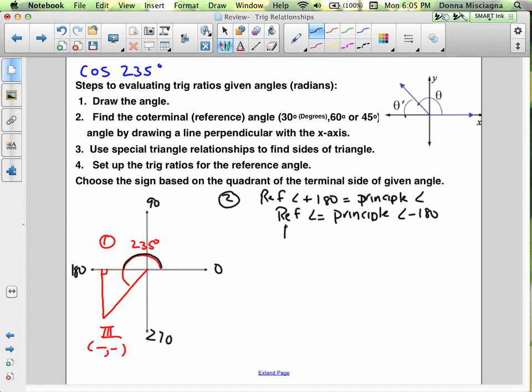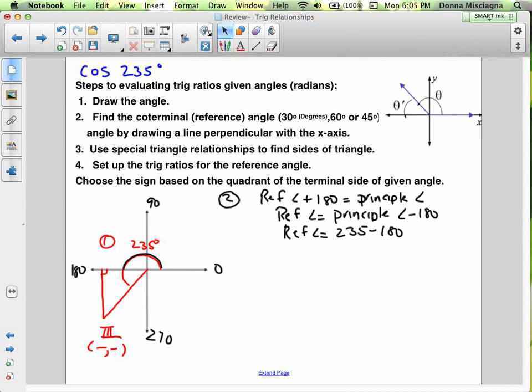So our reference angle is 235 degrees minus 180. Oh, excuse me. Well, if I want it to be a nice one to evaluate, just pretend it all along said 225, not 235. Sorry about that. Otherwise, we're going to be stuck. I accidentally put 10 too many degrees down.